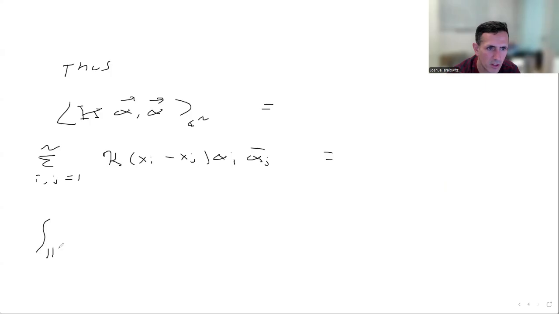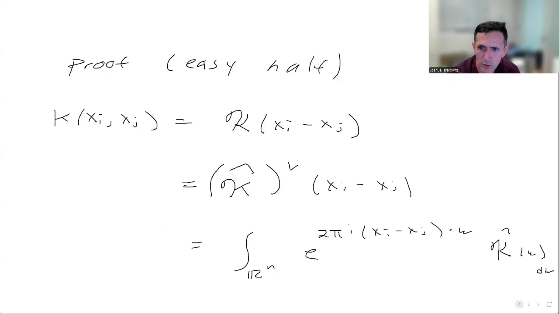So this is going to be equal to, I'm going to take the sum inside the integral, with a finite sum, and I can do that. So it's alpha i, alpha j bar, and what I'm going to do is break this up into e to the 2 pi i xi dot omega, the obvious thing here. As always, my omegas are basically w's.